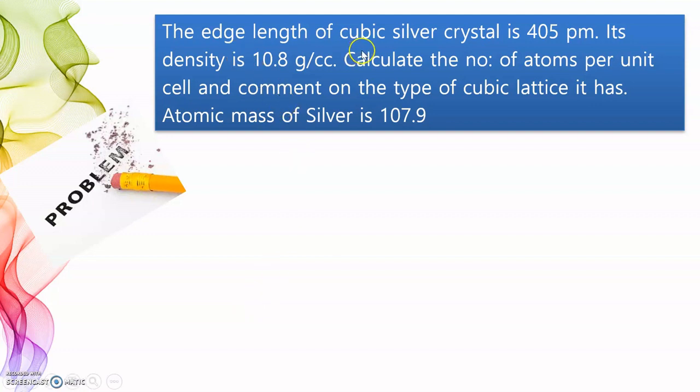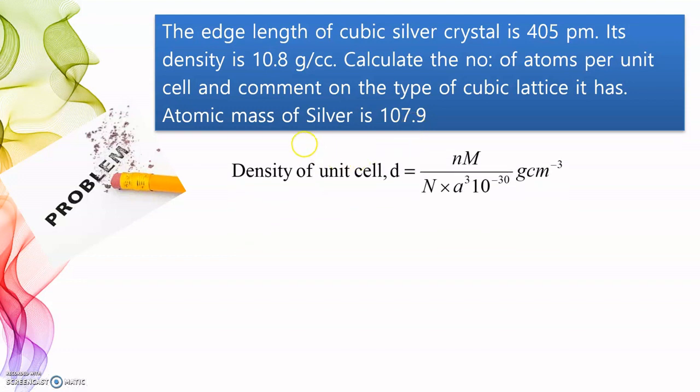The edge length of a cubic silver crystal is 405 picometer. Its density is 10.8 grams per cc. Calculate the number of atoms per unit cell and comment on the type of cubic lattice it has. Atomic mass of silver is given as 107.9.